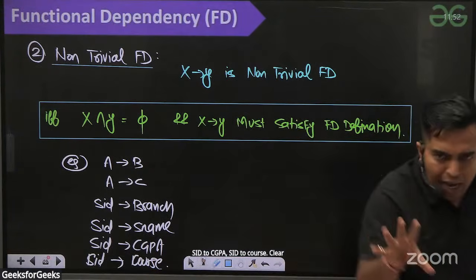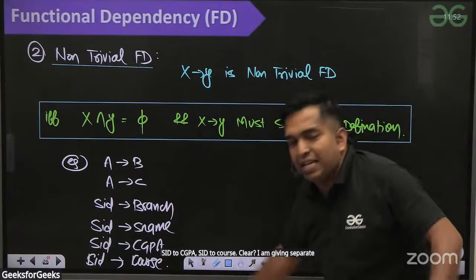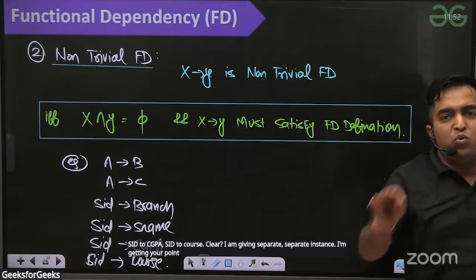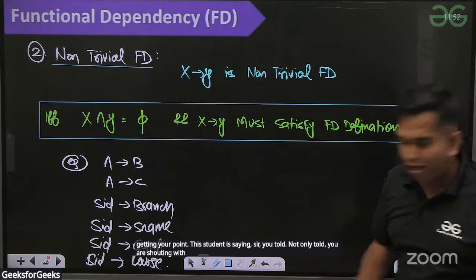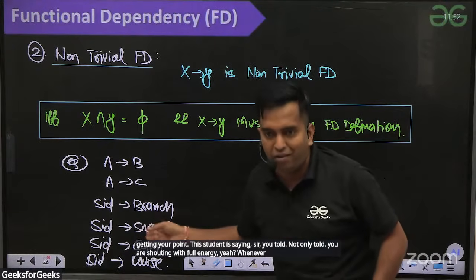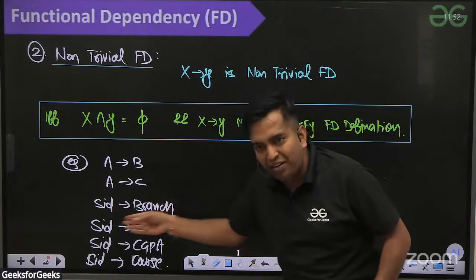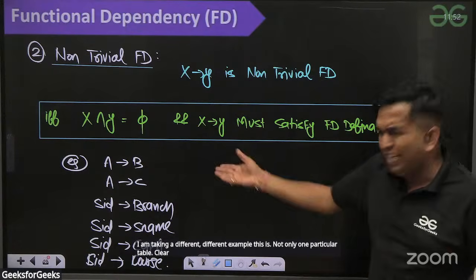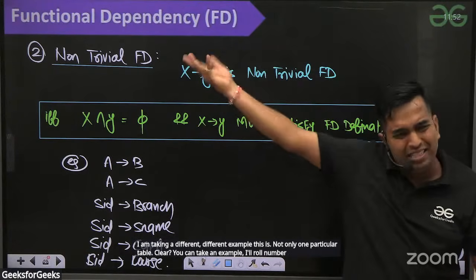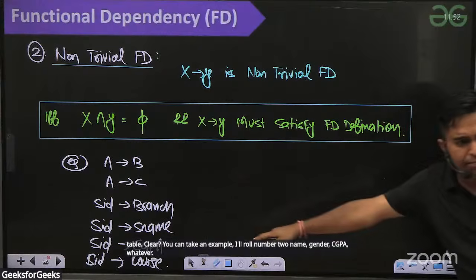I am giving a separate instance. Whenever X value repeats, Y value must be same. I am taking a different example. This is not only one particular table. You can take any example like roll number to name, gender, CGPA, whatever. Clear? Shall we move ahead?